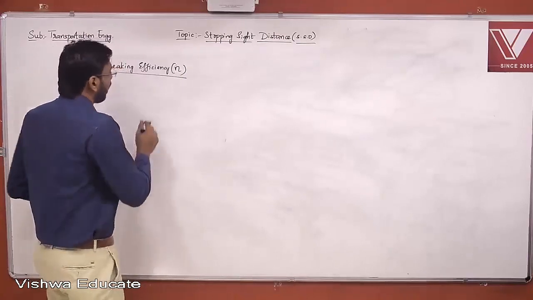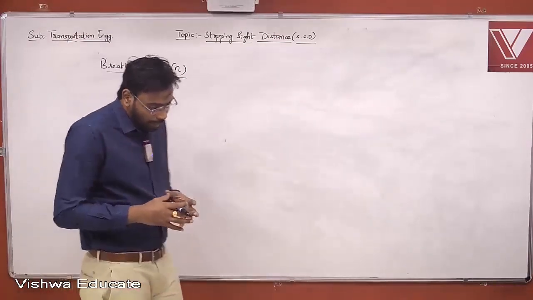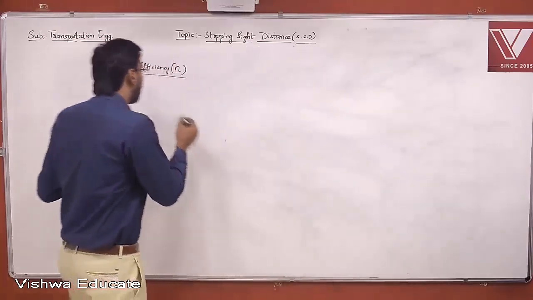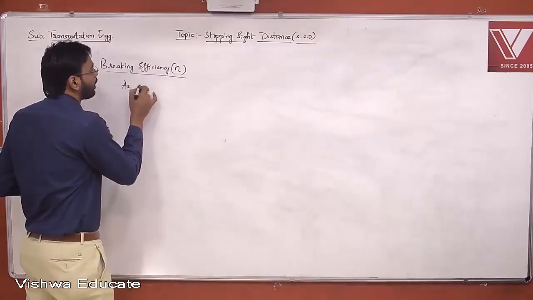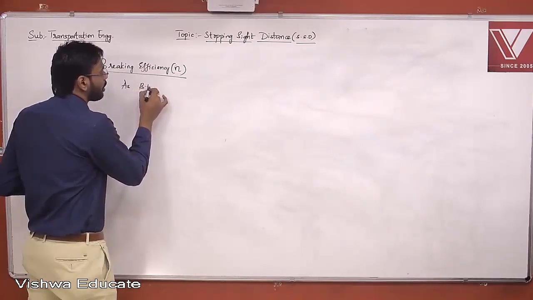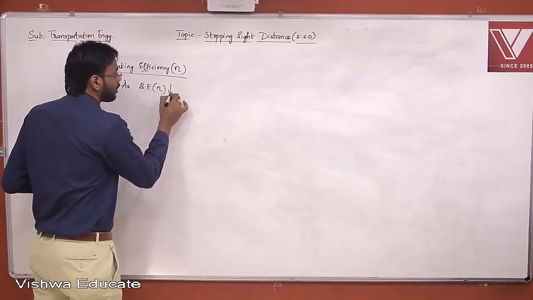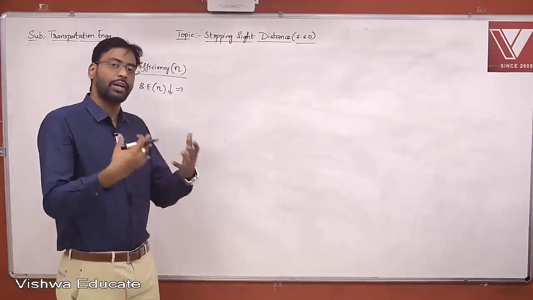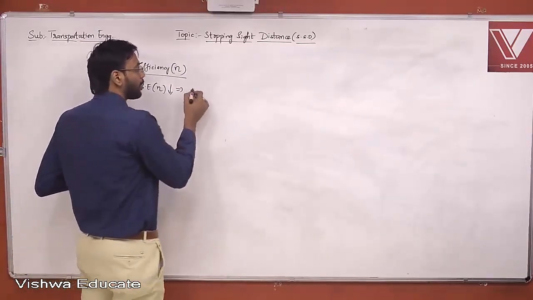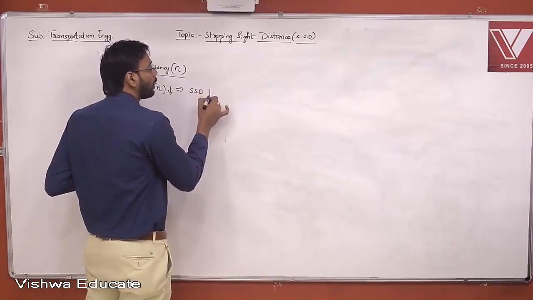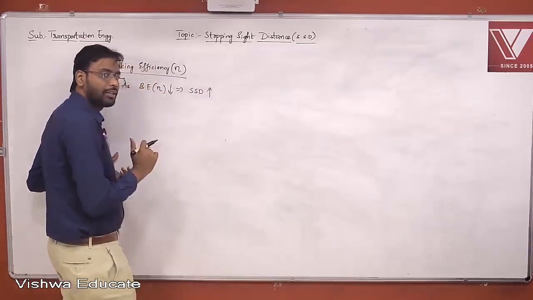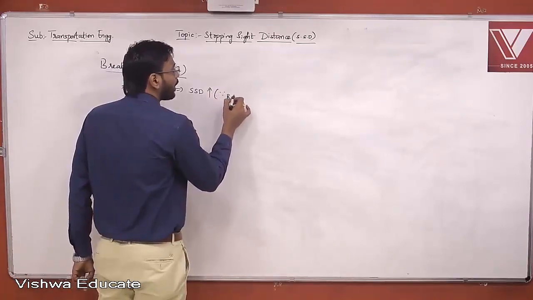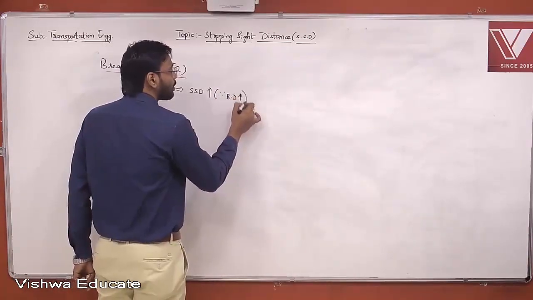Now, if the braking efficiency is less, let me write here, as the braking efficiency decreases, what happens to the stopping sight distance? Will it increase or not? The stopping sight distance will increase. Why? Because the braking distance will increase.